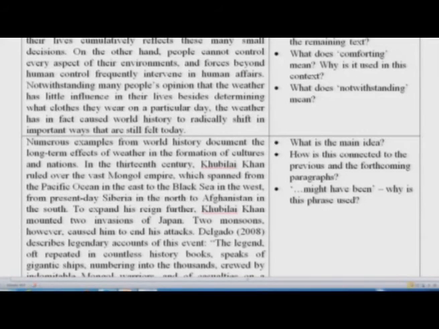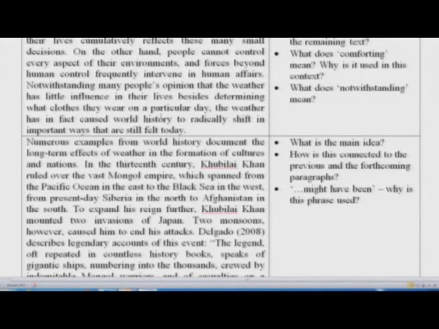How is the first paragraph connected with the title and the remaining text? So, we know the title, how weather has changed world history. The first paragraph comes to weather slowly, starting with what people generally believe in, and then it comes to this.